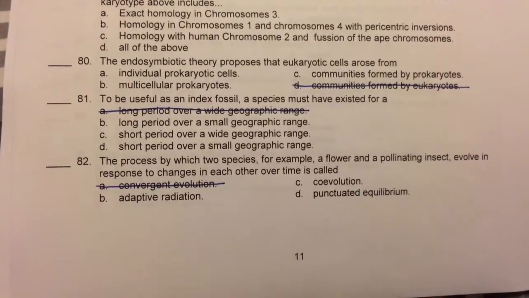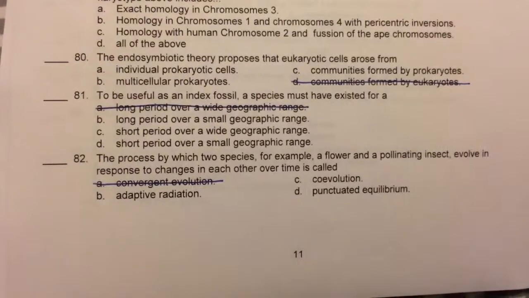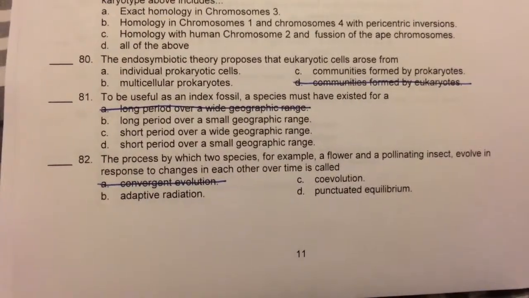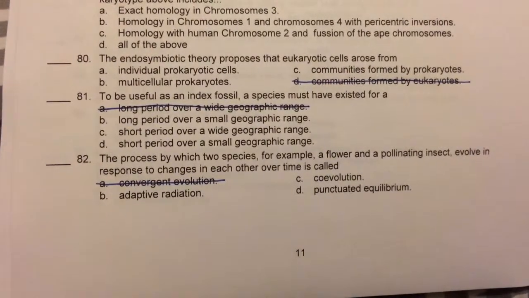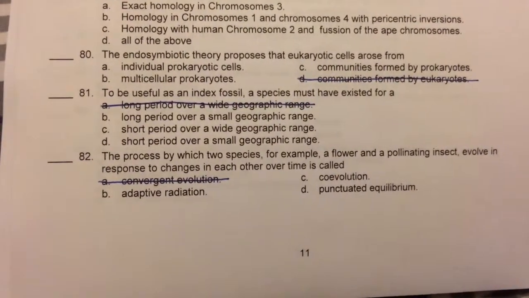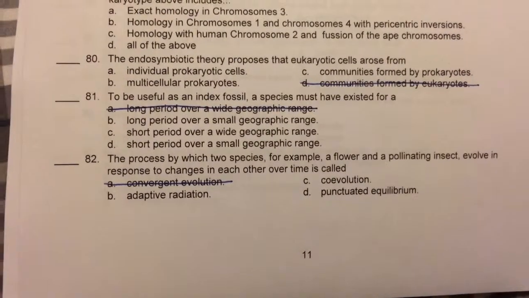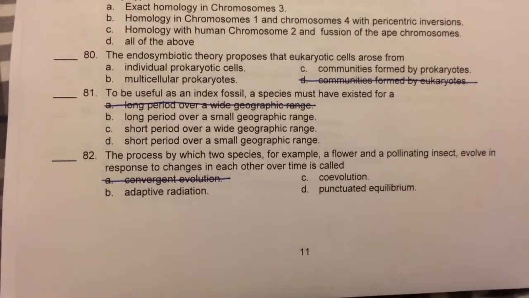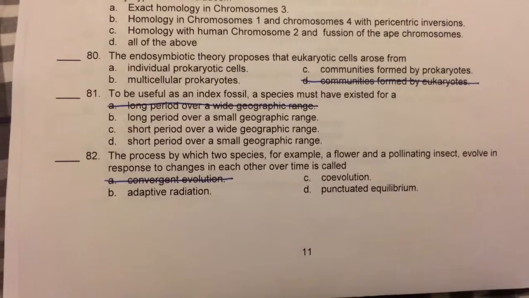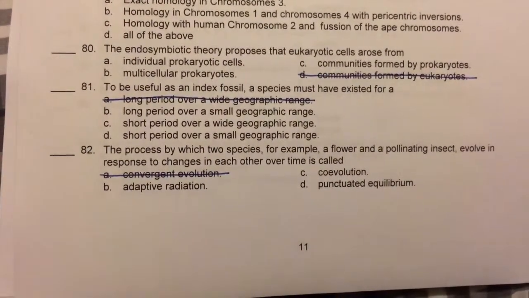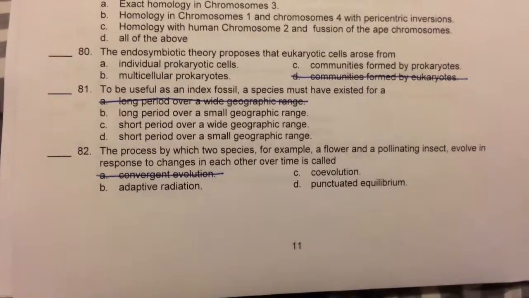Number 82. The process by which two species, for example, a flower and a pollinating insect, evolve in response to changes in each other over time is called B. Adaptive radiation, C. Coevolution, or D. Punctuated equilibrium.